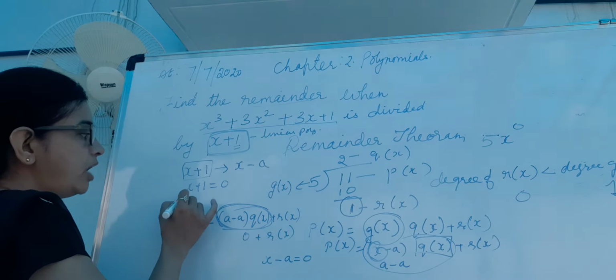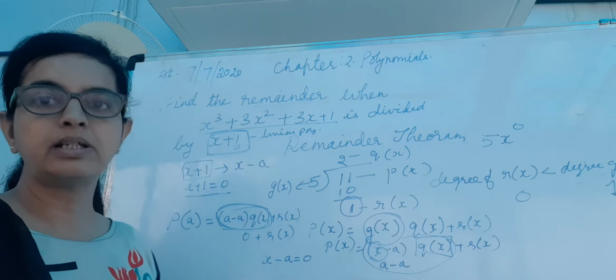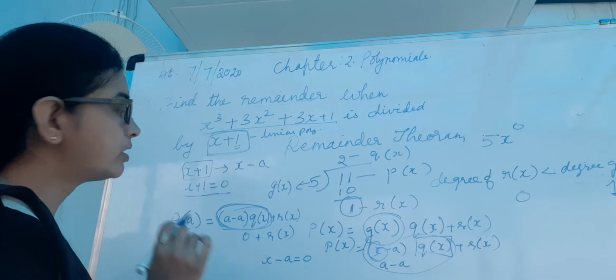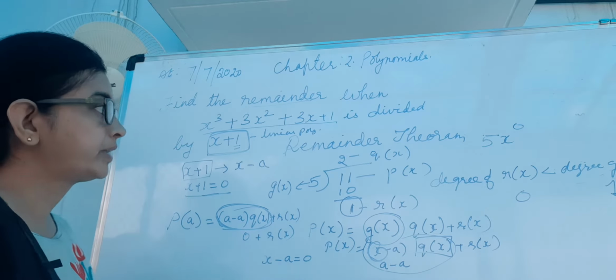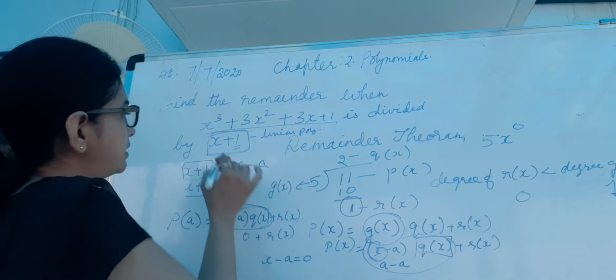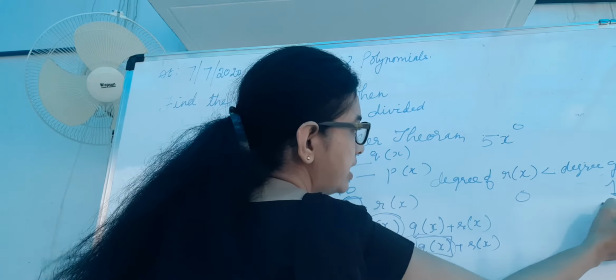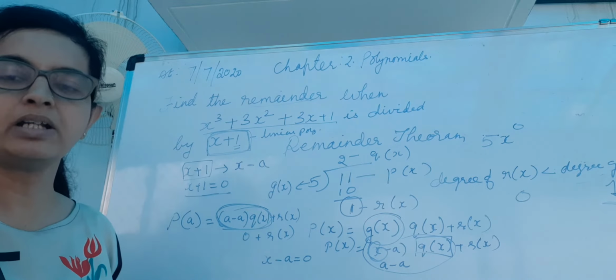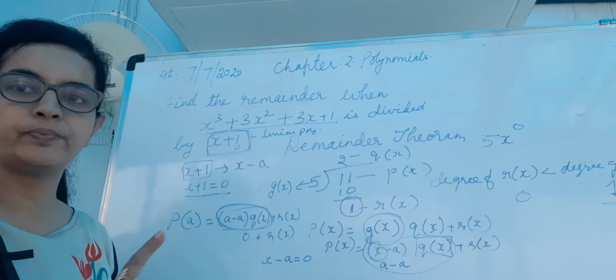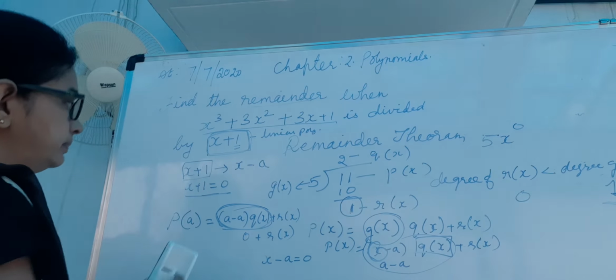So now we want our result such that we get a constant term as r(x). And again I will repeat that our divisor is a linear polynomial, because only then will we have the degree of g(x) as 1 and the degree of r(x) as 0. So let us start our sum.